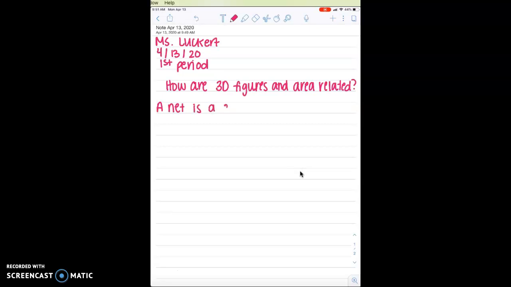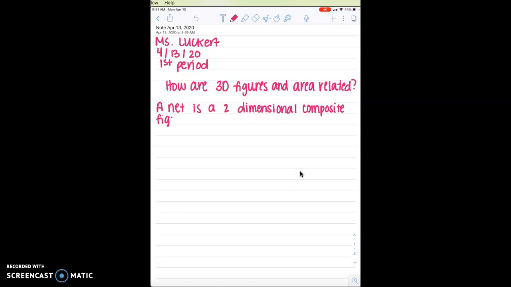So nets are two-dimensional. So that's important for you to know. You're going to use just your basic shapes to draw your nets. So they're two-dimensional composite shapes.